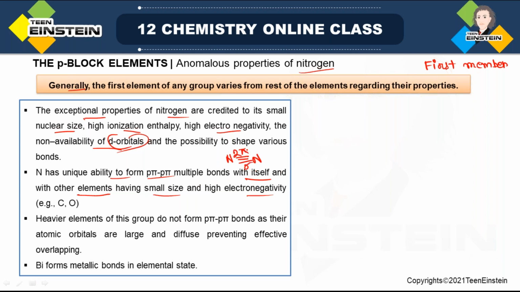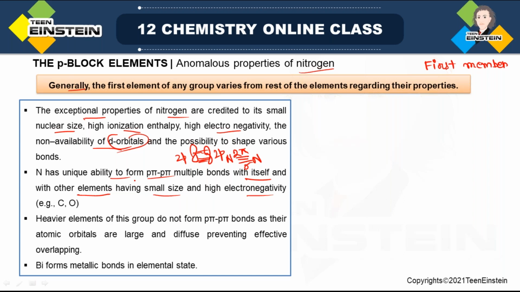For the pi bond, the two nitrogen atoms each have p orbitals and there will be sidewise overlap. Sidewise overlap is always better between two 2p orbitals compared to 2p-3p or 3p-3p, because when size is increasing, charge is diffused, so there will be less effective overlap.